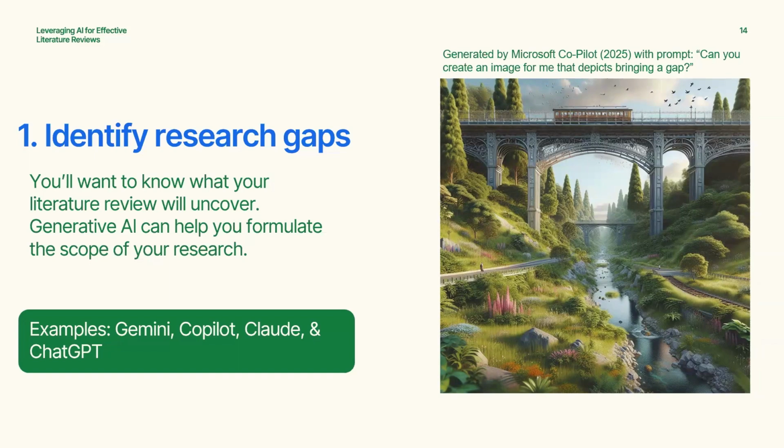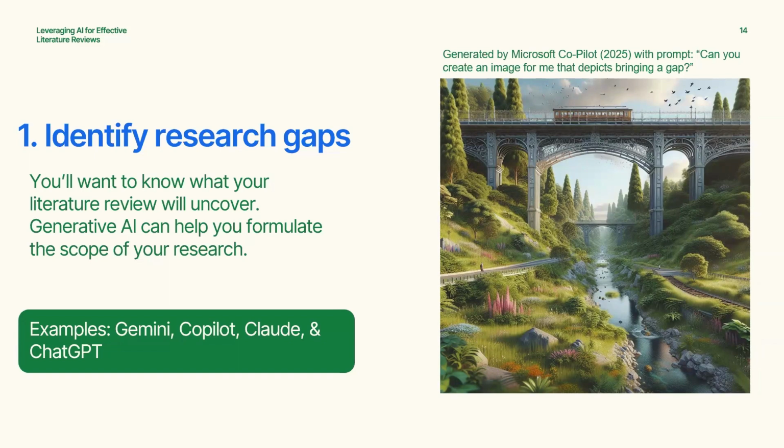It can help you formulate specific research questions, but before that, where could more research be done within the scope of what's been published already? For each of these steps, I'm giving a couple example AI platforms or tools that you could use.